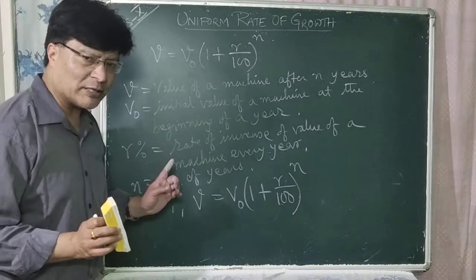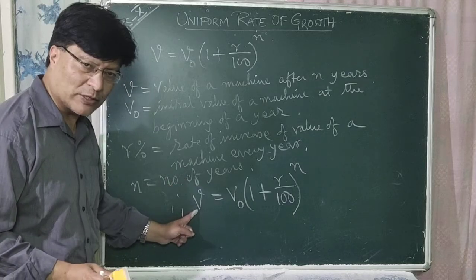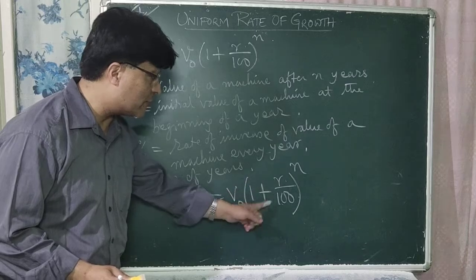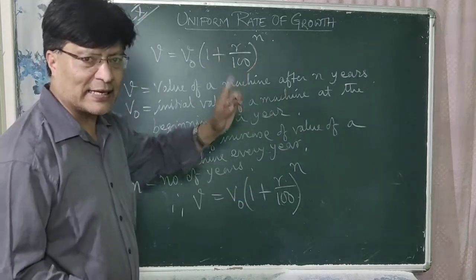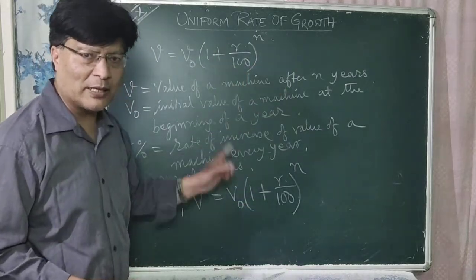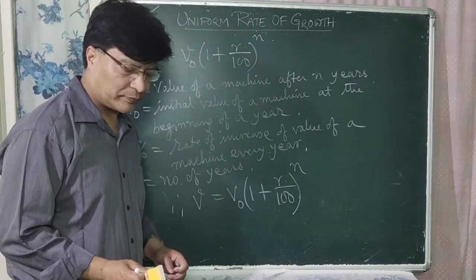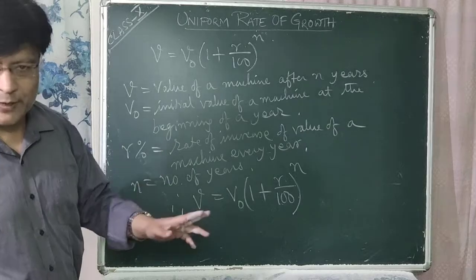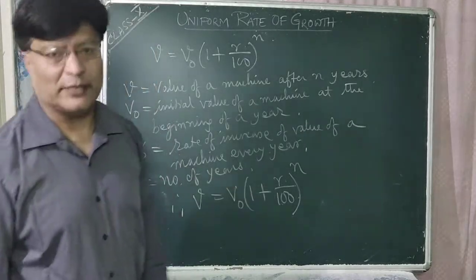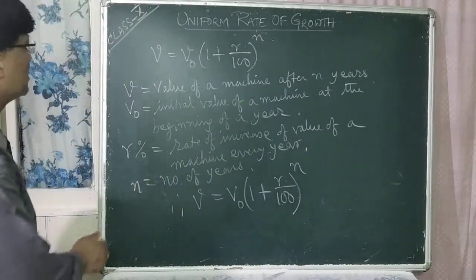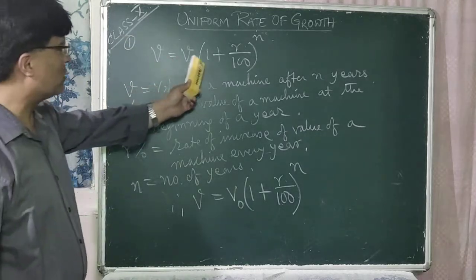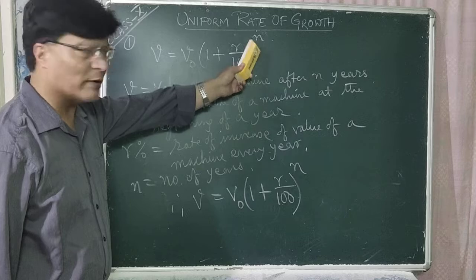Compound interest means A, the amount, is equal to P, the principal, within bracket 1 plus R upon 100 whole to the power N. In that case, A is equal to amount, P is equal to principal, R is the rate of compound interest per annum and N is the number of years. So this is the number one formula, right? V is equal to V0 within bracket 1 plus R upon 100 whole to the power N.